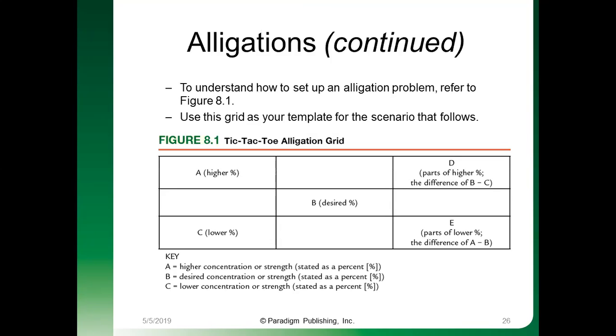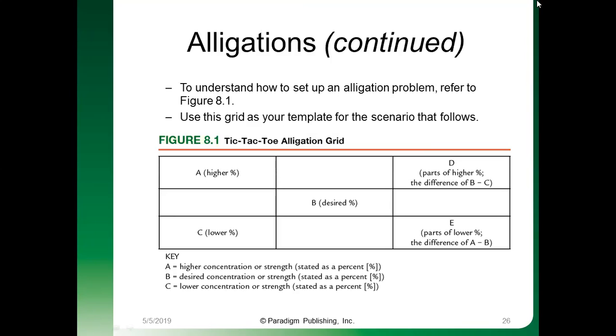To understand how to set up alligations, refer to figure 8.1. Use this grid as your template for the scenarios that follow. We'll use the grid like a tic-tac-toe method, with steps that you need to follow in order to get your calculation.